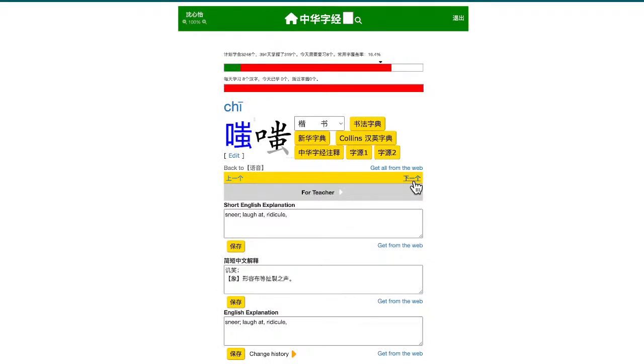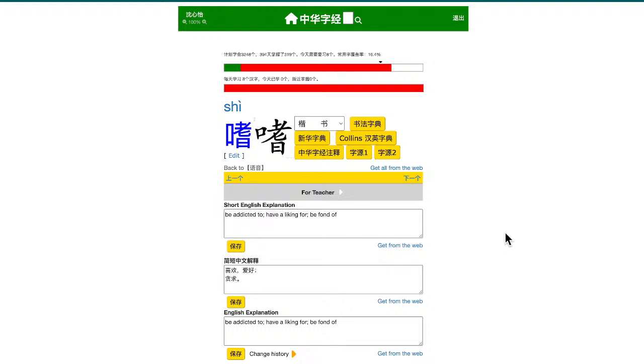Next one, 嗜, means addicted to something, or having a very strong passion for something, very fond of something, a great liking for. Basically, I love something with great passion.